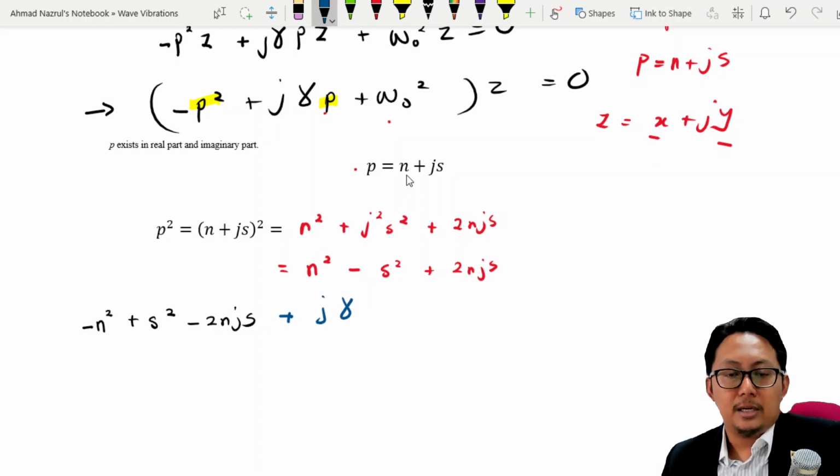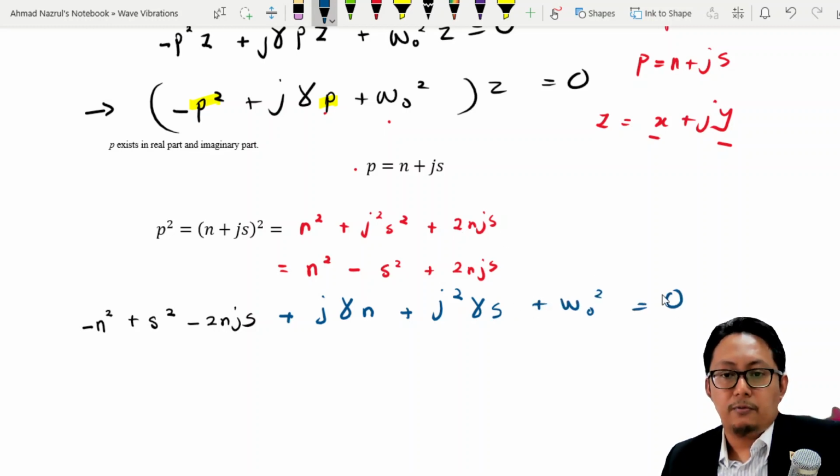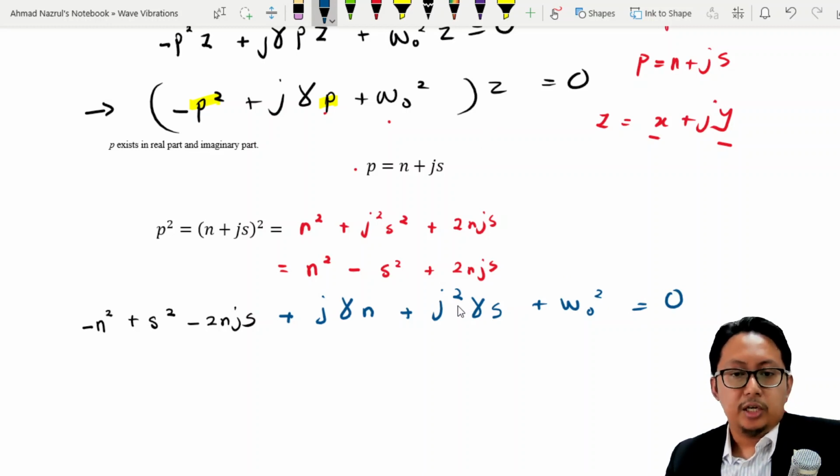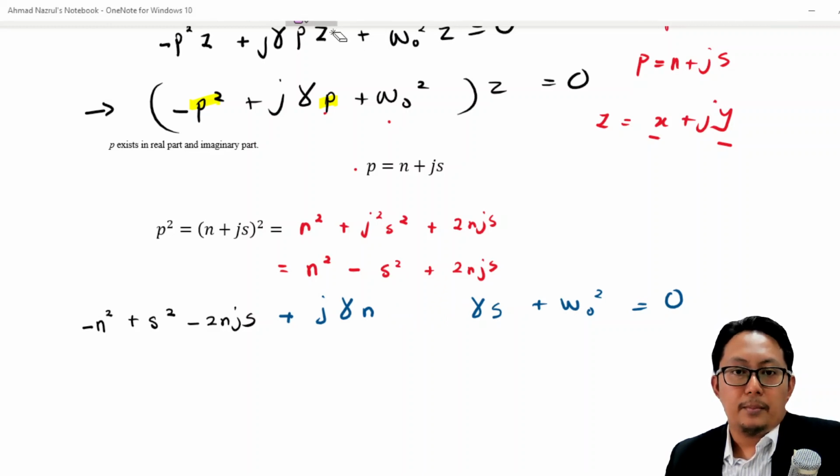So j gamma n plus j gamma js. So we have j square gamma s plus omega naught square equal to 0. Okay, remove z here. So j square is equal to minus 1, so automatically put it here.